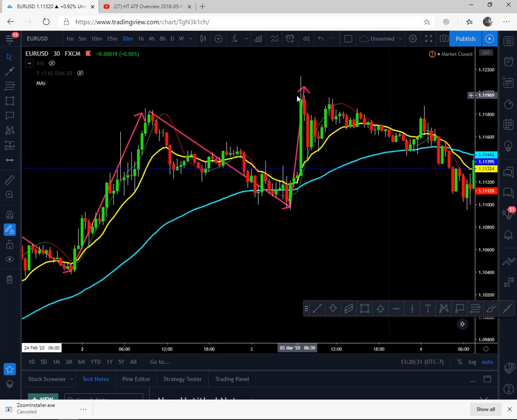So with this being said, you're better off finding long positions when price is above the 62 exponential moving average.